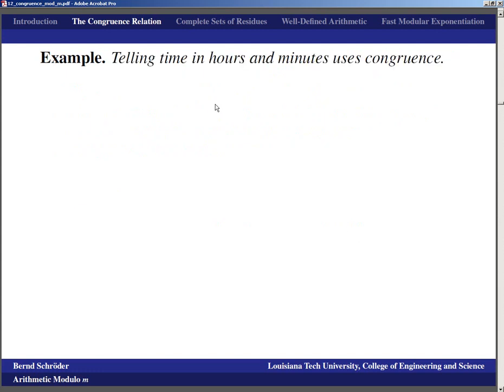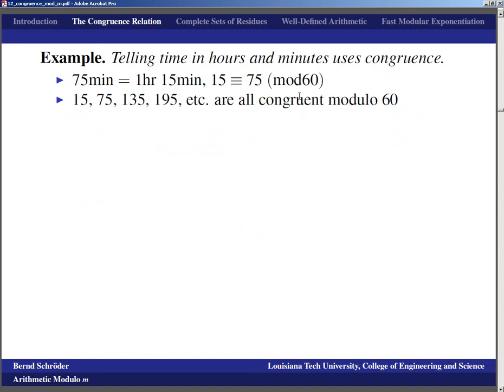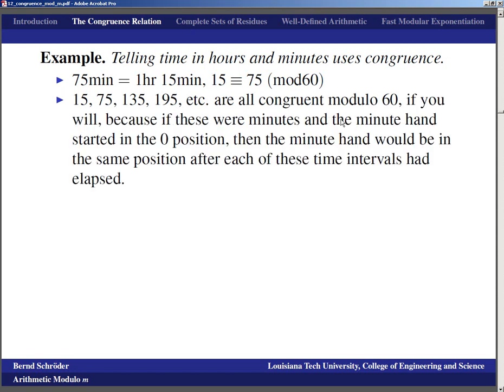Okay, as an example, just from daily life, when you tell time in hours and minutes, we already use implicitly congruence, because if you look at 75 minutes, well, that's 1 hour and 15 minutes, and 15 is equivalent to 75 modulo 60, because the difference is exactly 60, right? So when we're looking at 15, 75, 135, 195, and so on, they are all congruent modulo 60.